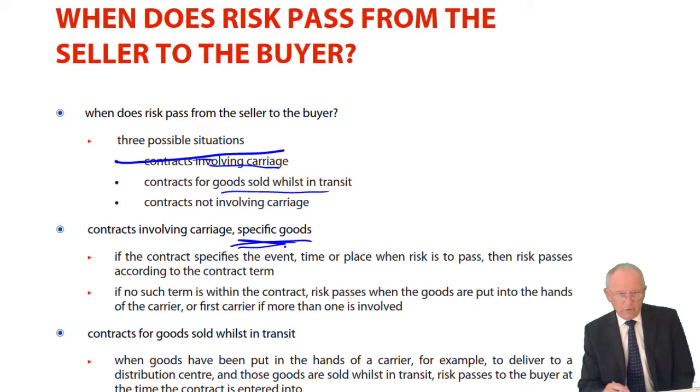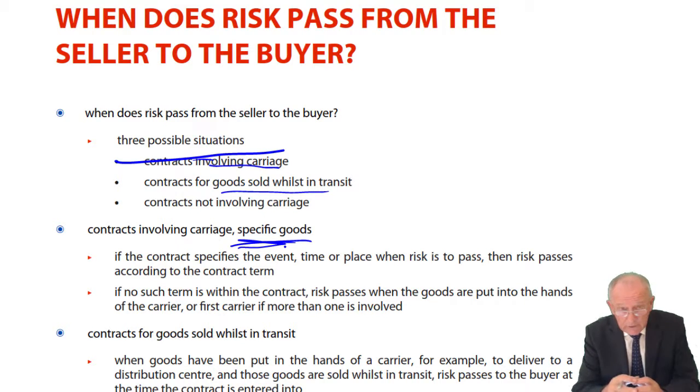So let me have a quick word about unascertained goods. If they're unascertained at the start of the contract, then we shall treat them as unascertained right the way through the contract. And the rules that relate to unascertained goods are applicable where those goods are simply in inventory, not identified as being subject to or part of the contract.